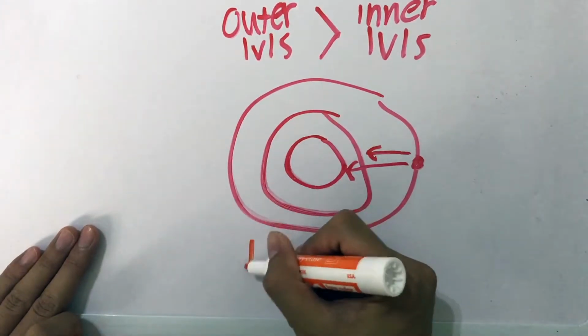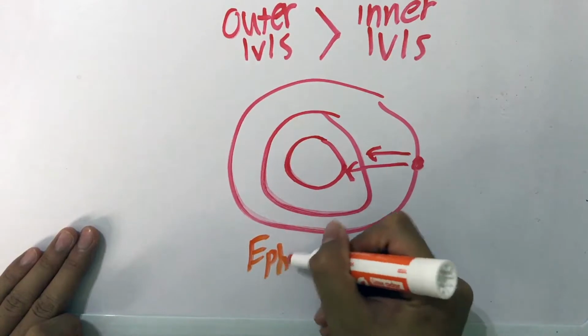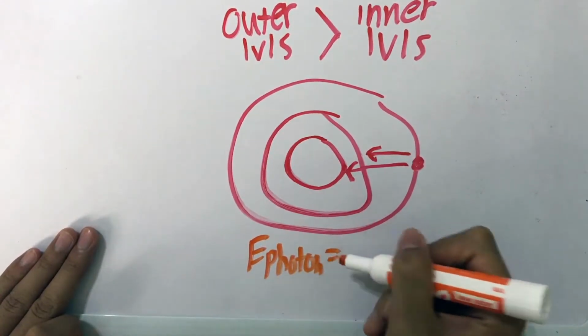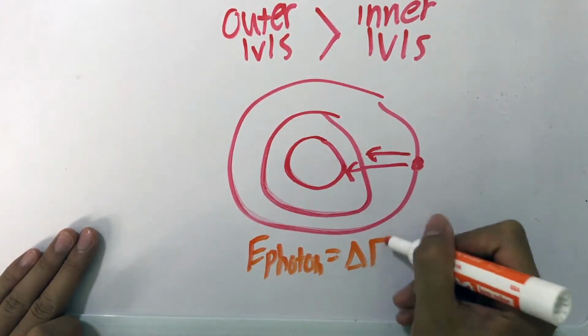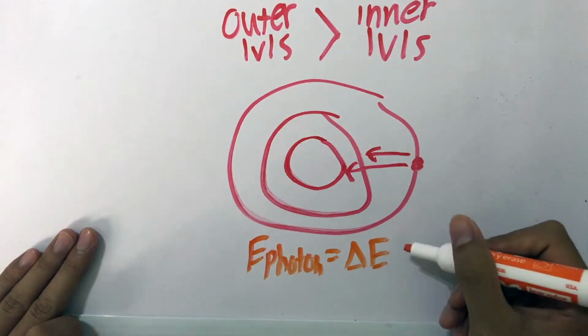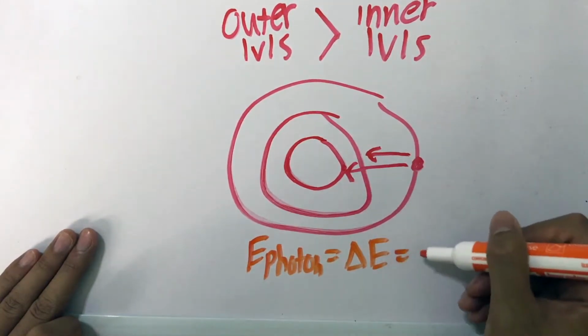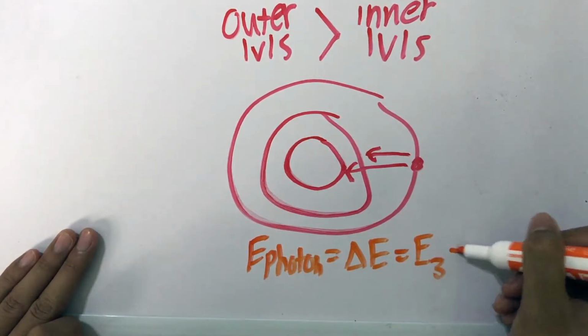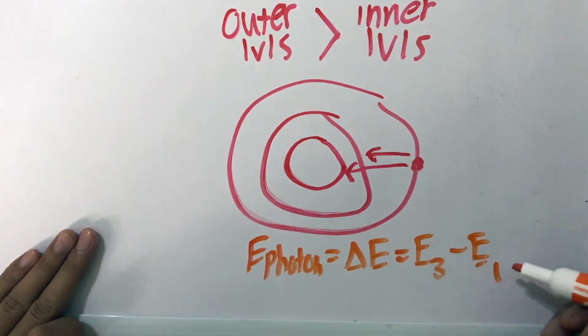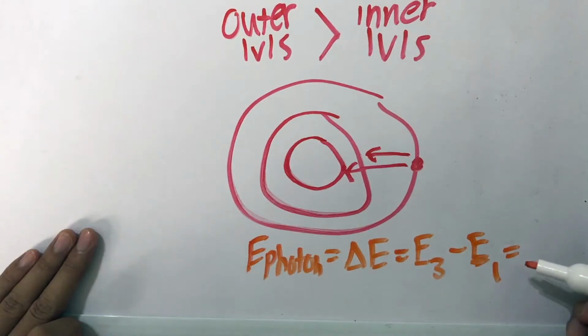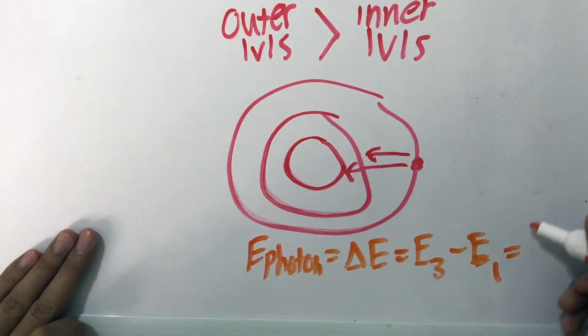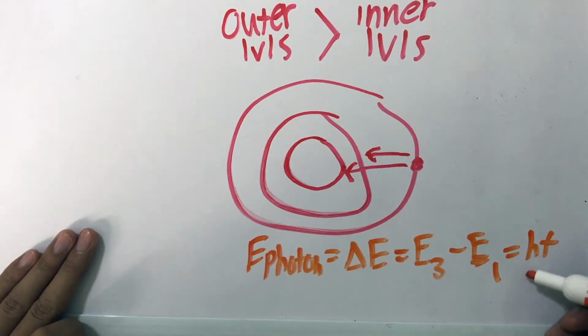So this would just be E photon, the energy of the photon, is equivalent to the change of energy between the two levels. In this case, it would be E3 minus E1, energy at the third level minus the energy at the first one. And we would get the total energy, which is the frequency times Planck's constant of the photon.